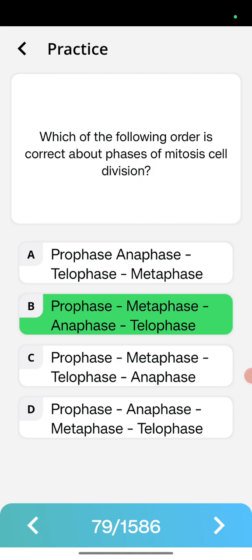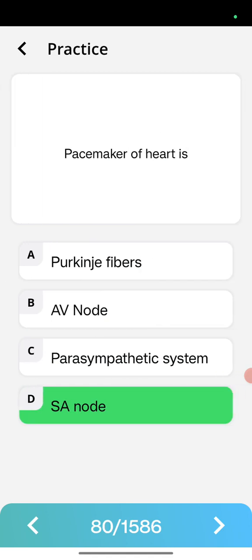Which of the following orders is correct about phases of mitosis cell division? Prophase, metaphase, anaphase, telophase. Pacemaker of the heart is the SA node.